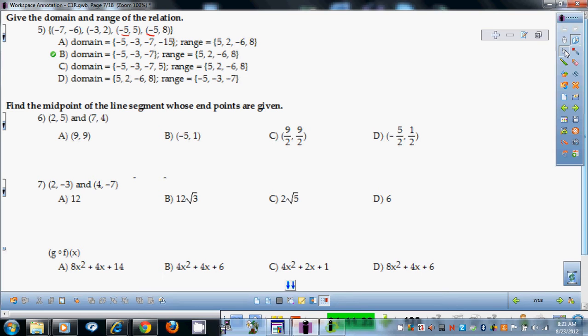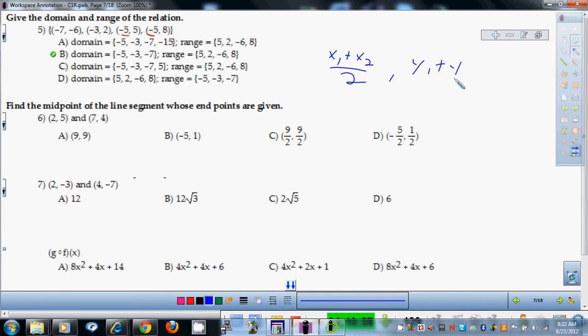Anybody have a theory on this problem? Who can tell me how to work this problem? Yes, use the formula. What's the formula? Very good. And then same thing with the y's, right? Very good.